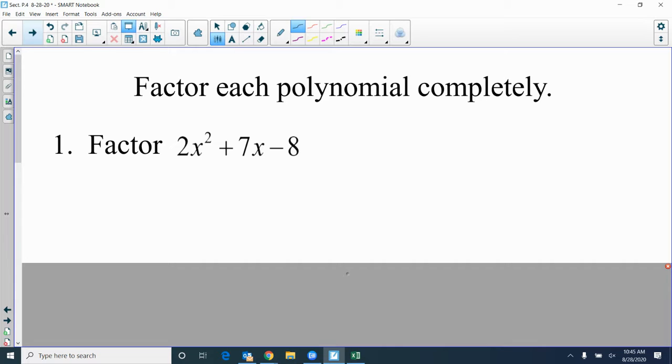Factor 2x squared plus 7x minus 8. If you're going grouping method, you're going to say, I want to multiply 2 times negative 8, which is negative 16. I want two numbers that multiply to get negative 16 and at the same time add to get 7. What are those two numbers?